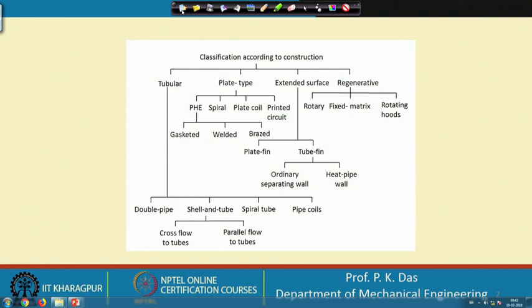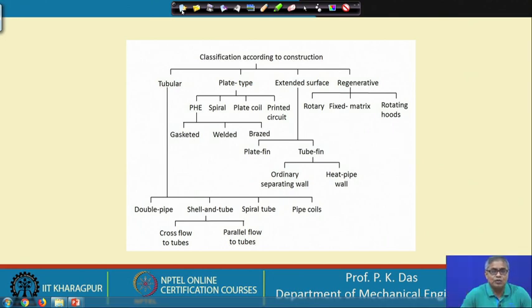Let me mention a few things, though these are not without exception, that generally we will find tubular heat exchangers if both sides have liquid. So, in many cases tubular heat exchangers are preferred. As I have told, one should not think that there are no exceptions, there are exceptions, but in most of the cases if the fluid passing is liquid, then we prefer the tubular geometry.